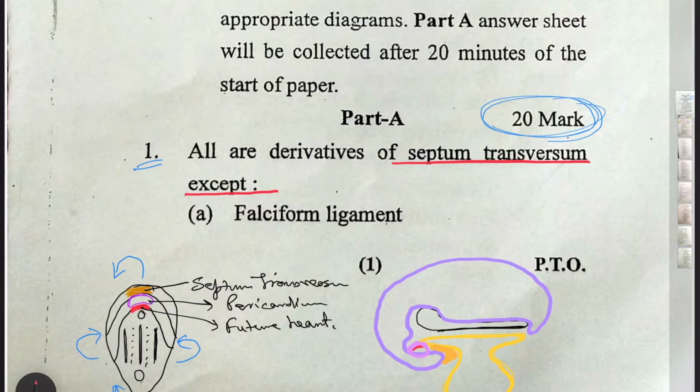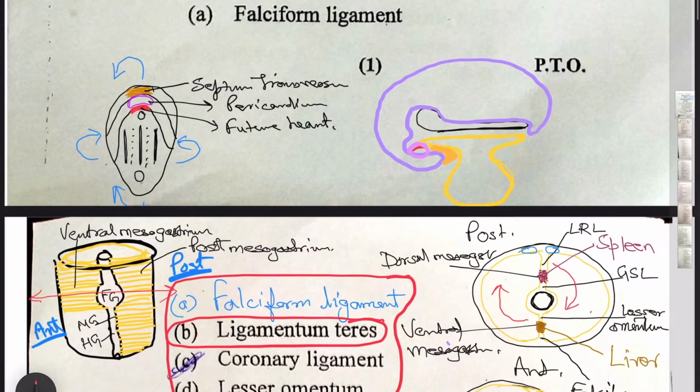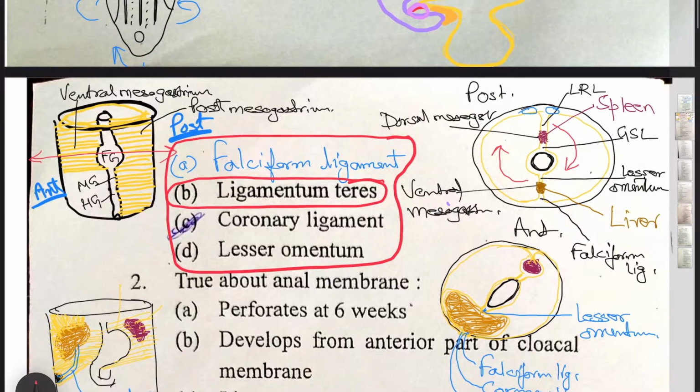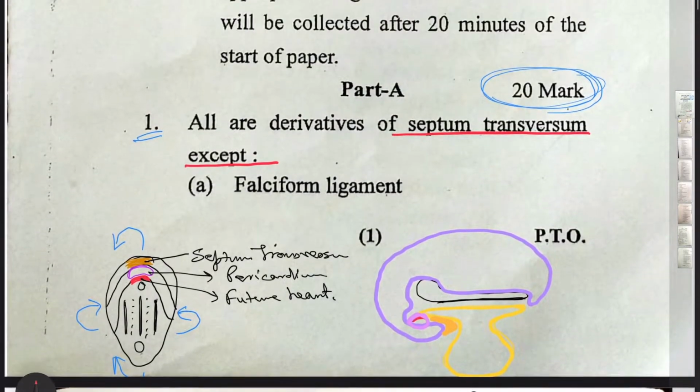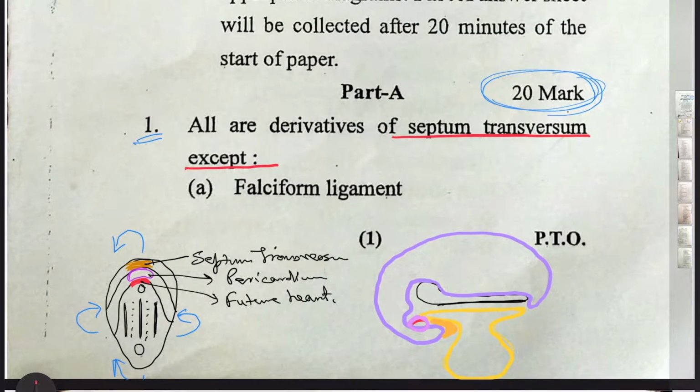All these ligaments except one, because septum transversum is a mesodermal thing, and as I told you that mesodermal cells, they come and collect here in the ventral mesogastrium as well as in the dorsal mesogastrium, but what collects here in the ventral mesogastrium is a part of septum transversum that is going to form the liver. So those cells of the septum transversum, they of course spread along these different ligaments, but actually speaking, the better word you can say is derivatives of ventral mesogastrium.